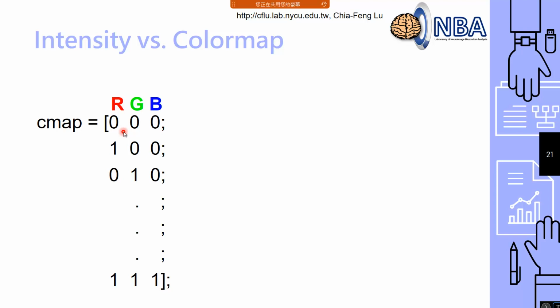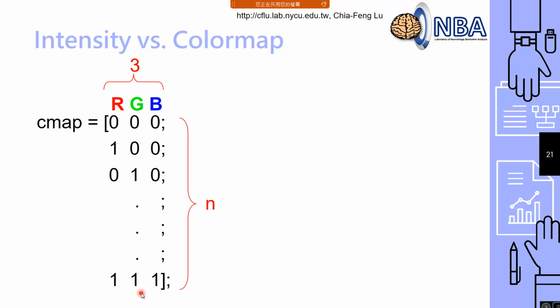So this CMap variable should be of size 200 by 3, right? But if you only want 6 different color labels, you can just go for 6 by 3, right? You can see we always put a semicolon right here. That means change the row, right? So 0, 0, 0, then change the row, it becomes 1, 0, 0. This one is white. This is red. This is green, right? Sorry, the first one is black. The final one is white, yeah.